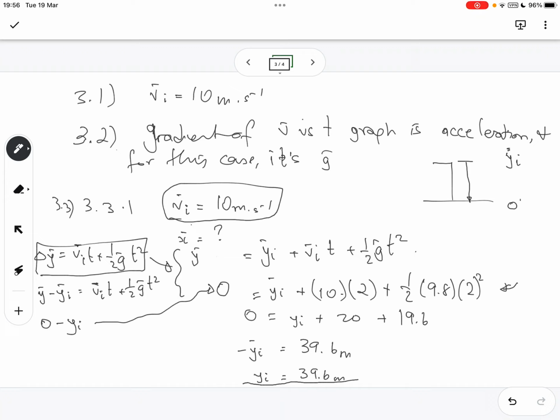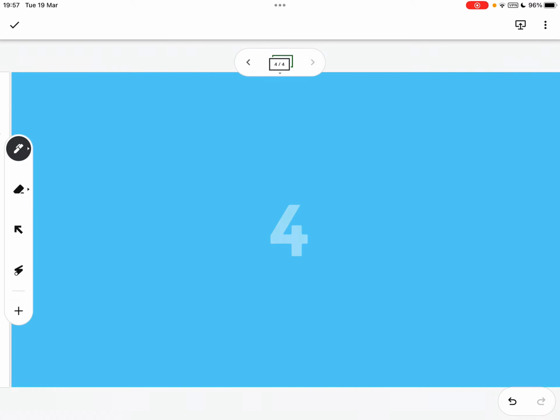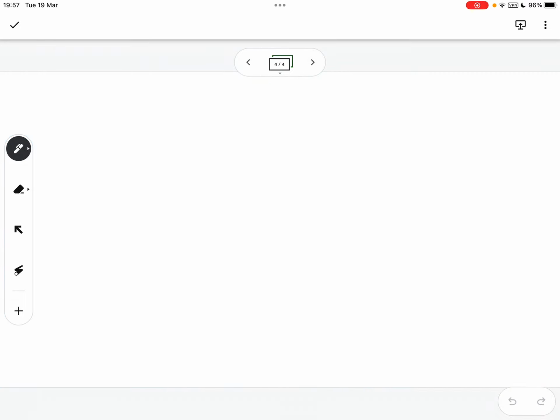So then acceleration due to gravity would be negative. Negative, yeah. And the initial velocity would also be negative. But then whatever answer we get at the end will probably be different because the sign or something will have changed. You know what I'm saying?